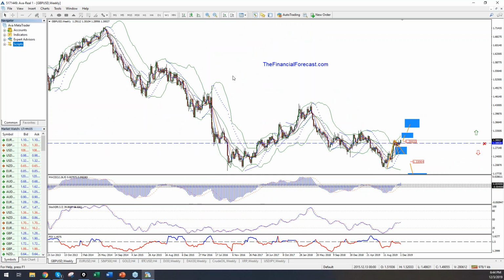Weekly time frame. In the weekly time frame we see that the key level, 1.2953, was already broken, so we are having movements to the upside. We didn't have a deep correction, meaning this big cycle wasn't corrected, but yes, the small cycle that we will see in the daily time frame.